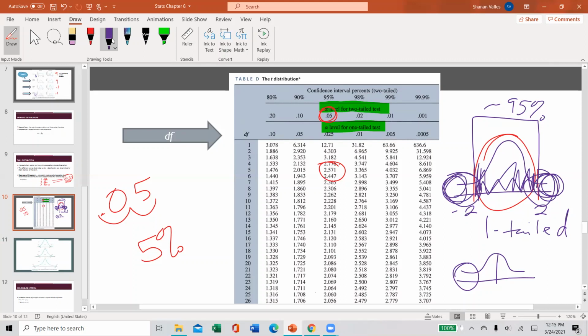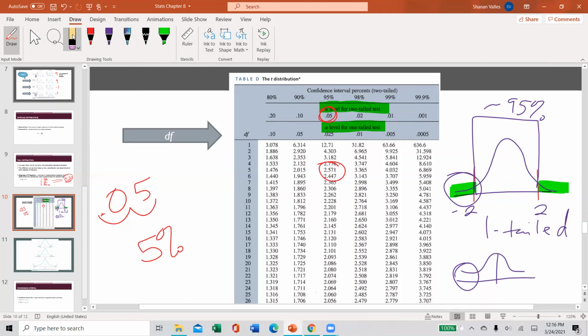Okay. And how we do that, so we're looking at these extreme scores and these extreme scores. When you look at a two-tailed test, you have to divide up that 5% so that you would have 2.5% on this end and 2.5% on this end.